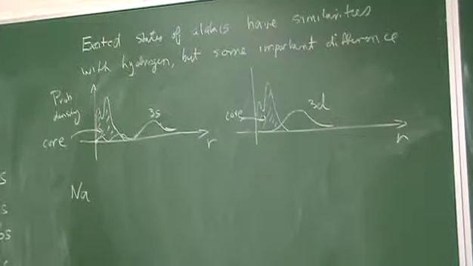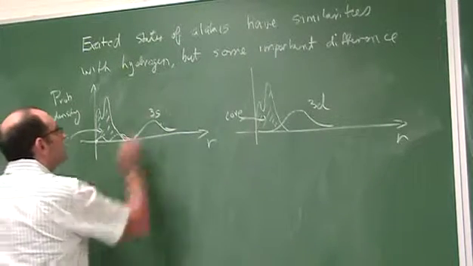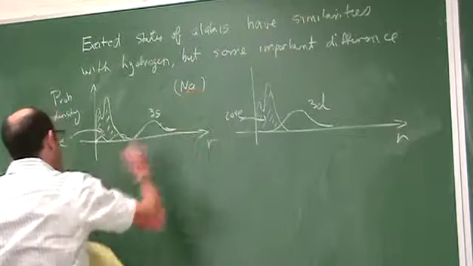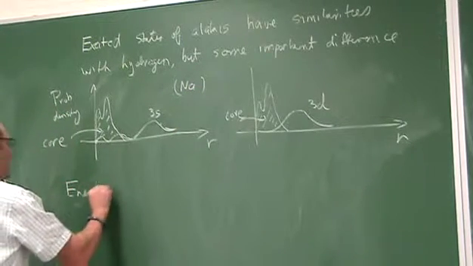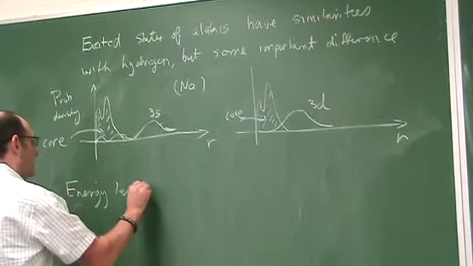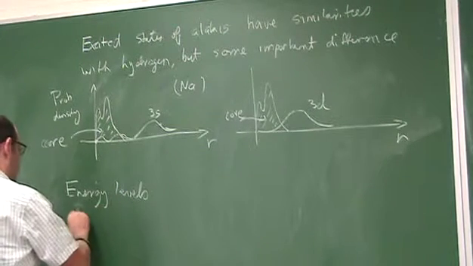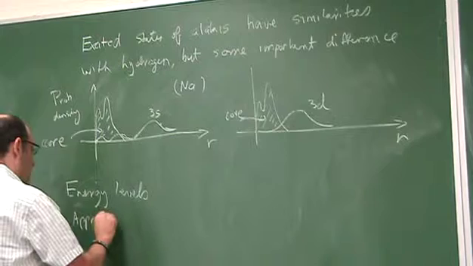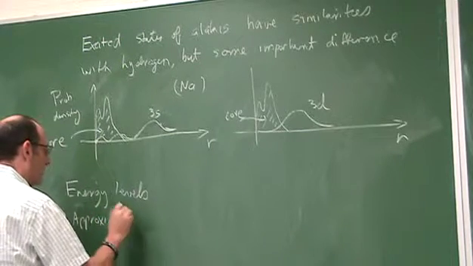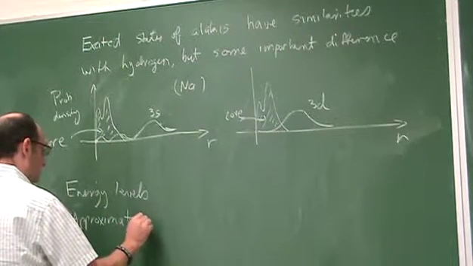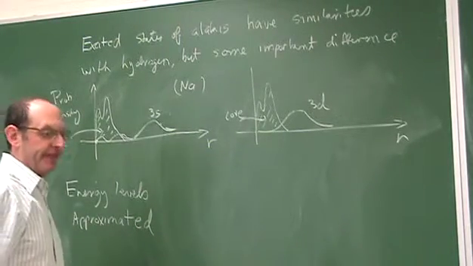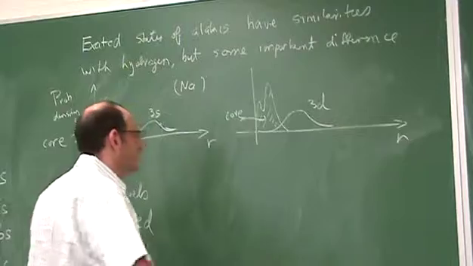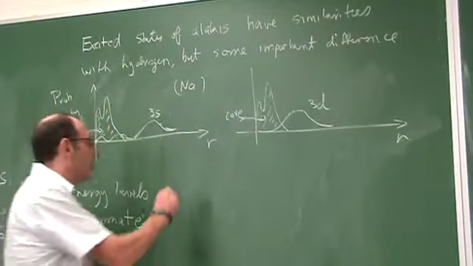It turns out that in the case of alkalis, the energy levels are well approximated by a small modification of the Bohr formula, basically, or the formula that we get exactly out of the Schrodinger equation.